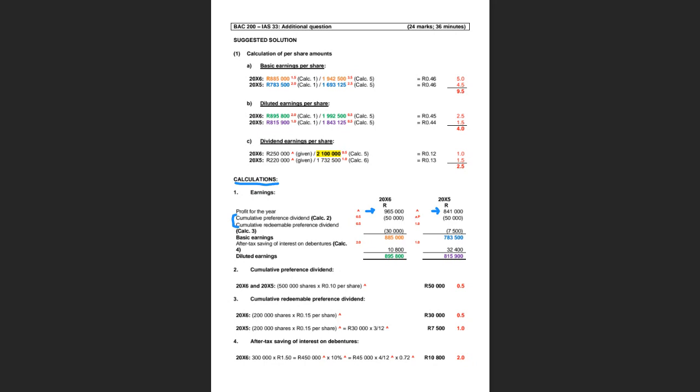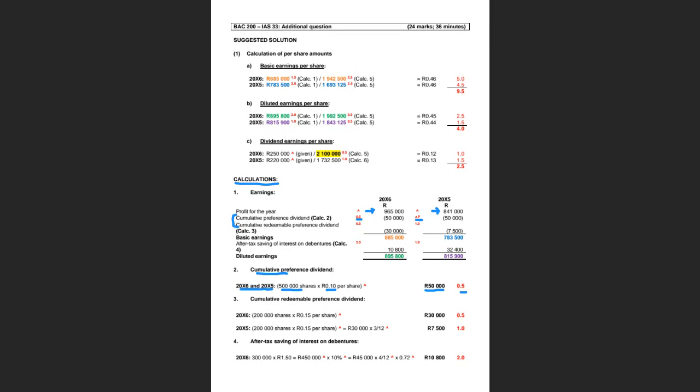Remember the cumulative preference shares had no movements throughout the period we were looking at. So in both years, they had 500,000 times 10%, times 10 cents, which gives 50,000 Rand. If we calculated that, we would get half a mark there, and then another half mark for principal mark.